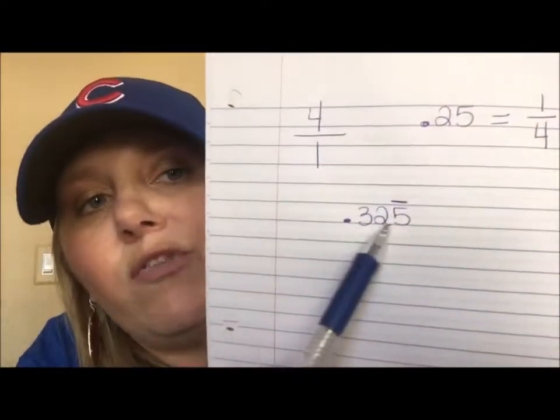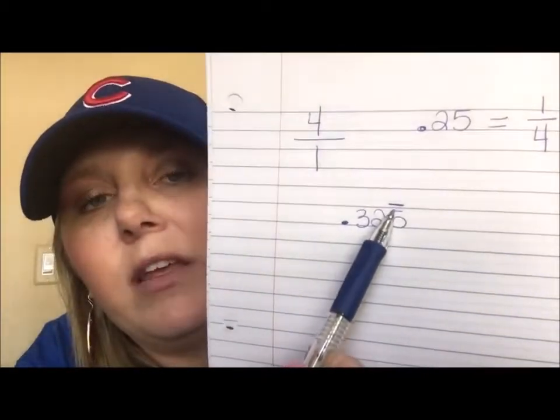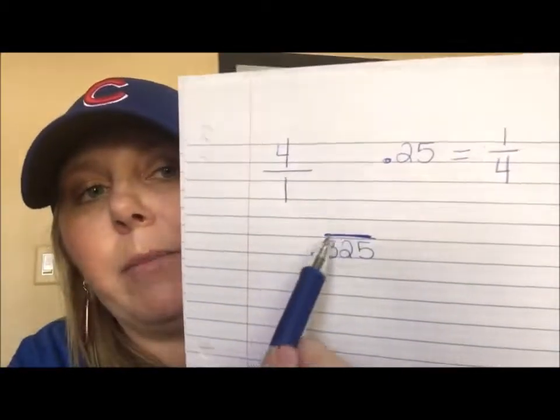And what's that called? It's called a repeating decimal, with that little bar on top of the number, right? I'll give you an example. 0.325, just making it up, okay? Right here, 0.325. What do you see above that 5? That little hyphen, that little bar, that means that number repeats forever. You could see the bar above the whole number, all the numbers.